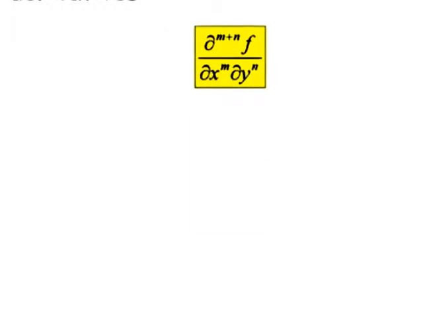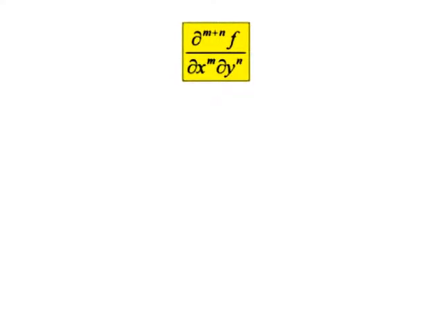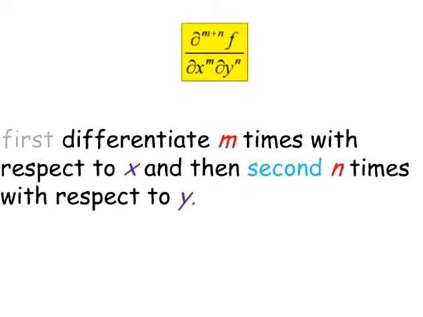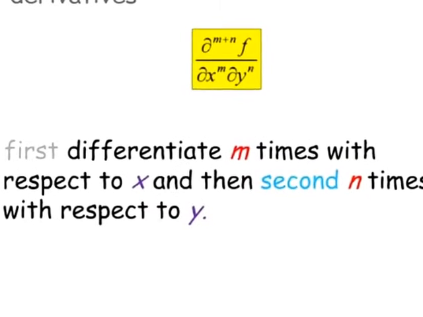Now, to compute higher order partial derivatives, for instance the partial ∂^(m+n) f by ∂x^m ∂y^n, first differentiate m times with respect to x and then n times with respect to y.